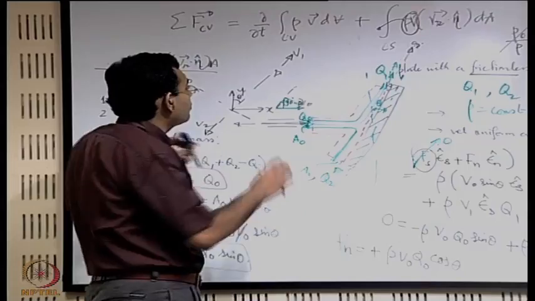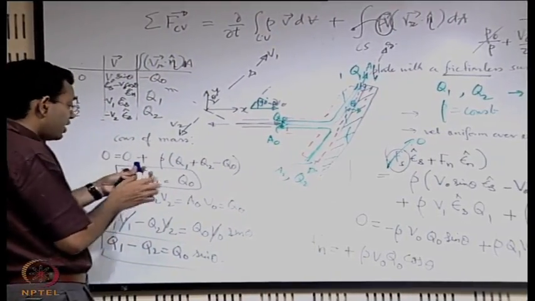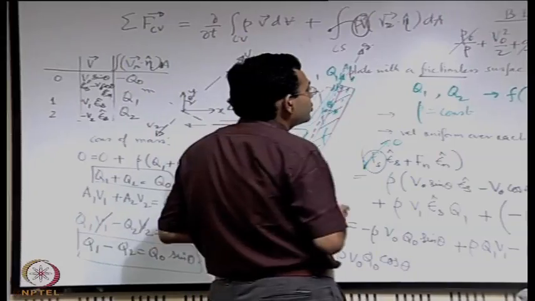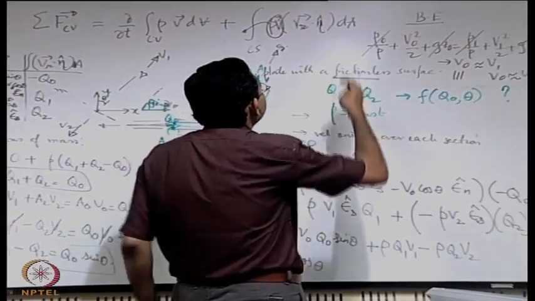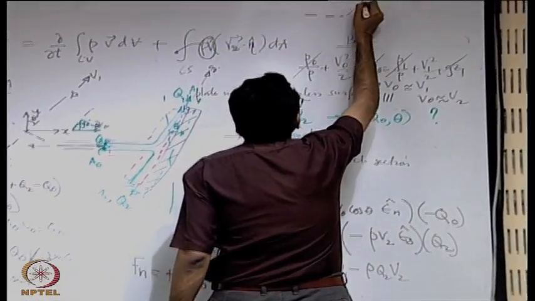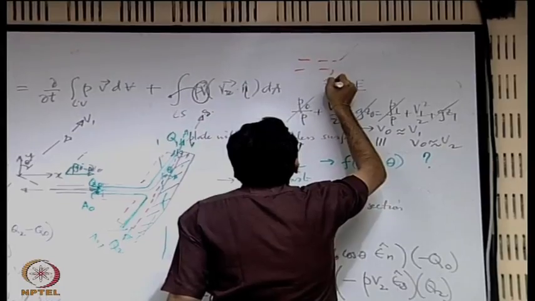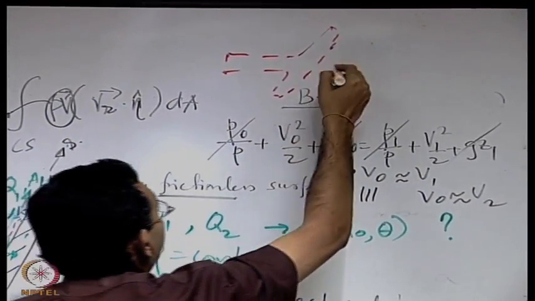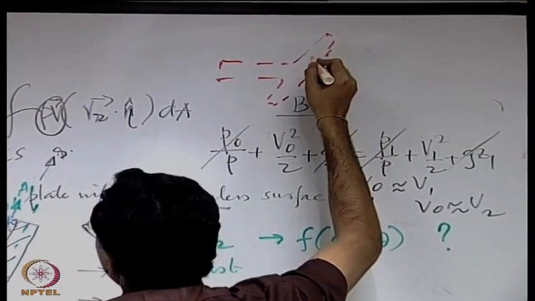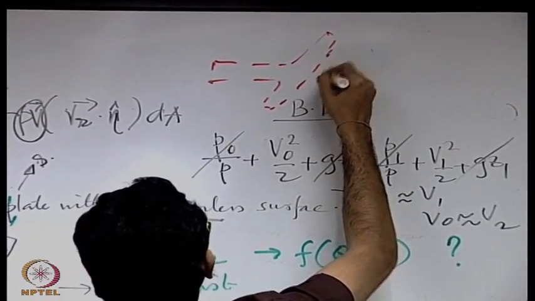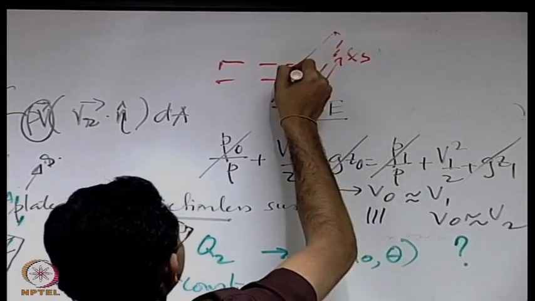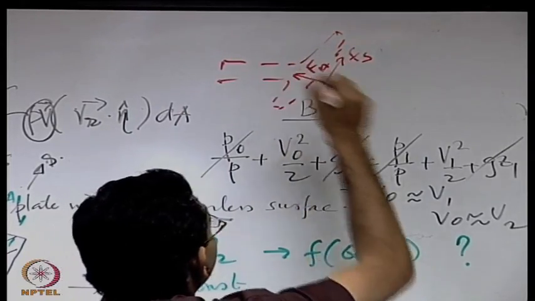So if you had drawn a free body diagram of the control volume, what would have been the forces acting on that control volume that you would have shown in the free body diagram? Let us say that this could be your control volume. So you could have a force in the tangential direction Fs and in the normal direction Fn.